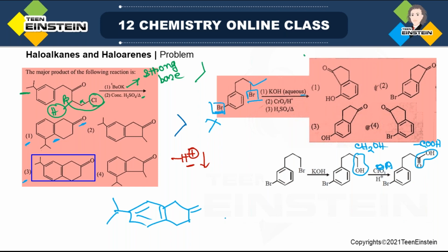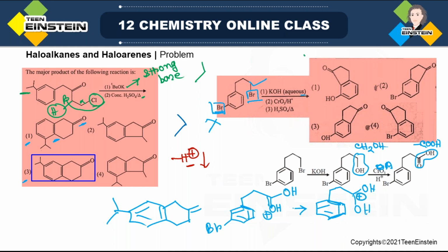Now, when protonation is possible, you can get structure like this. So oxygen is now positive, but you can also draw another structure where the positive charge may be here also, and bromine is here.